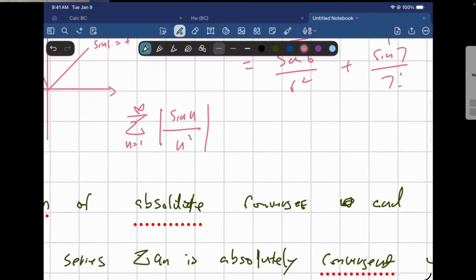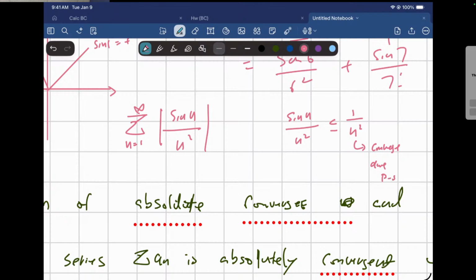So in this case, we can just say that's sine of n over n squared, so we can do a direct comparison test. We can compare to 1 over n squared. Since sine of n over n squared is always less than or equal to 1 over n squared, this converges due to what?